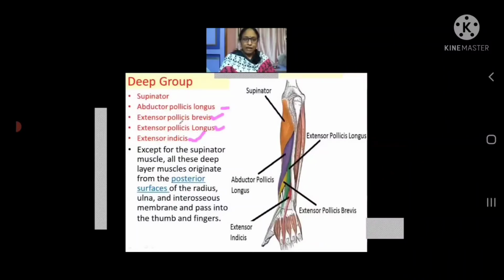All these deep muscles except supinator originate from the posterior surface of the radius, ulna, and interosseous membrane, and pass to be inserted to the fingers and thumb region. So these are the deep muscles of the posterior compartment of the forearm.